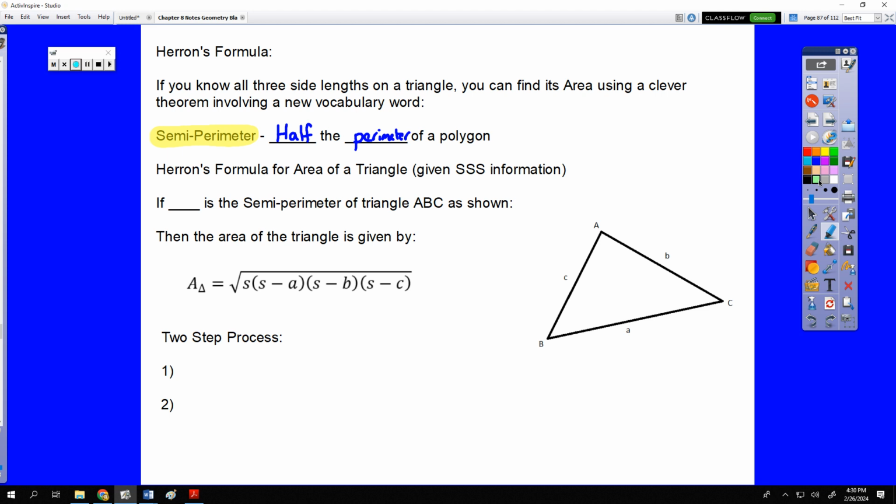Again, this is a rule we are going to use, so it should be in green in your notes so that you can look it up. It does require SSS information, all three sides to be given.